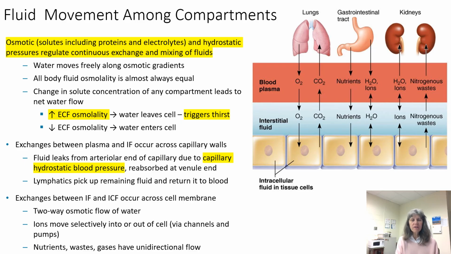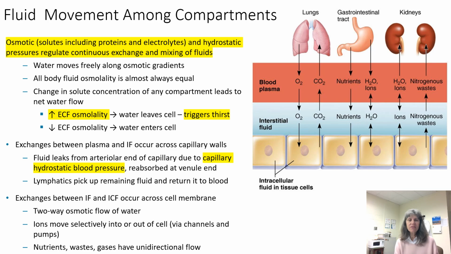All body fluid osmolarity is almost always equal. However, if there's a change in solute concentration in any compartment, that can lead to a net flow of water in a specific direction.